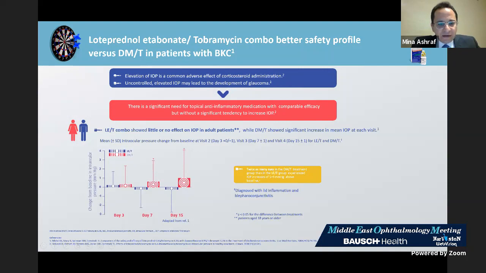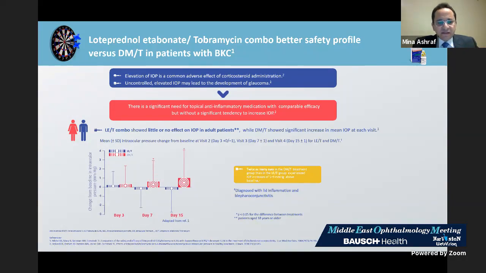With every visit, day 3, 7, and 15, there was an increase in the change from baseline in intraocular pressure with the dexamethasone tobramycin group compared to no changes in the Zylet group. We also see that twice as many eyes in the dexamethasone tobramycin treatment group than in the Zylet group experienced an IOP increase of 5 to 9 millimeters of mercury over baseline.